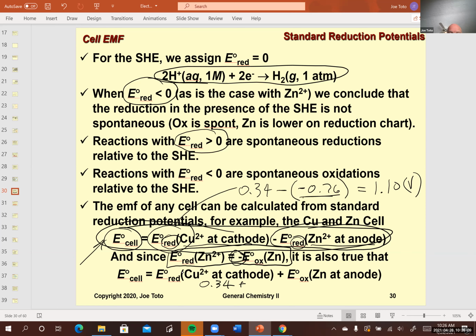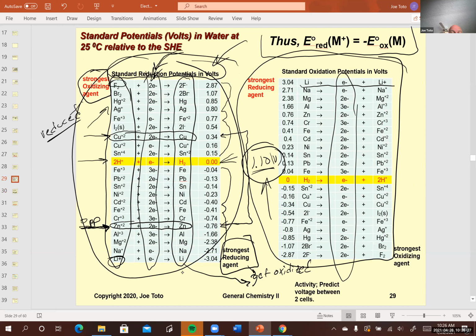And I see that's going to be 0.76 then, and I get, again, 1.10 volts. So any of these equations will give you the voltmeter reading or the potential difference. But you don't need either one of the equations. You can just look at the chart and see how far they are from each other.